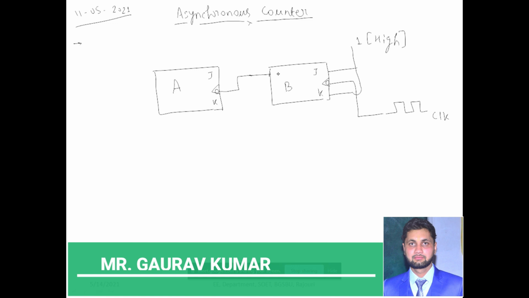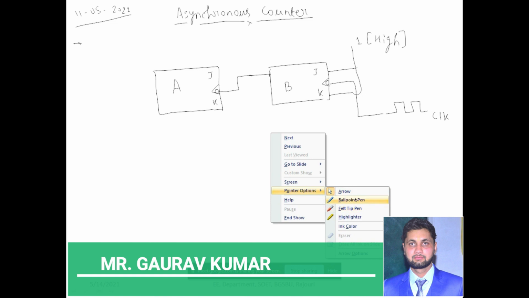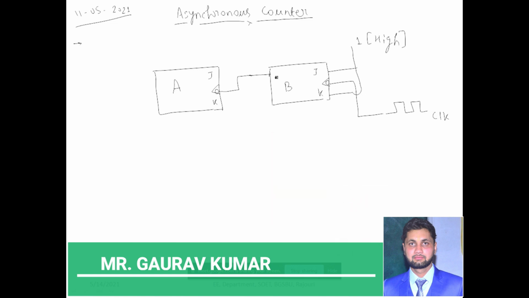There are two flip flops A and B, and both are made with the JK flip flop. So in an asynchronous counter, you are not giving the same clock pulse. Like a synchronous counter, these are the outputs QA and QA bar.